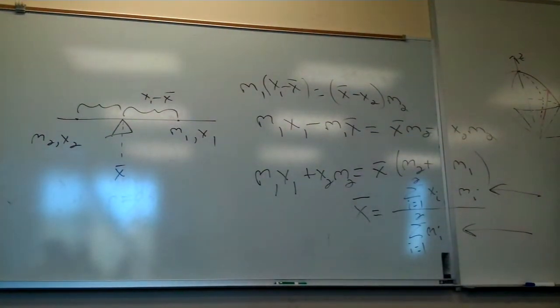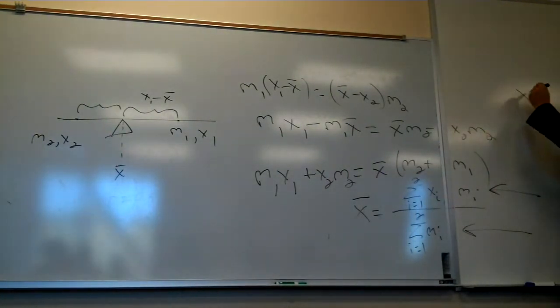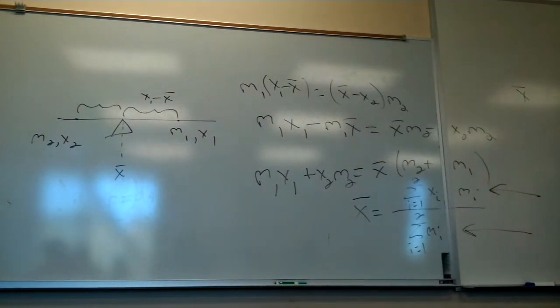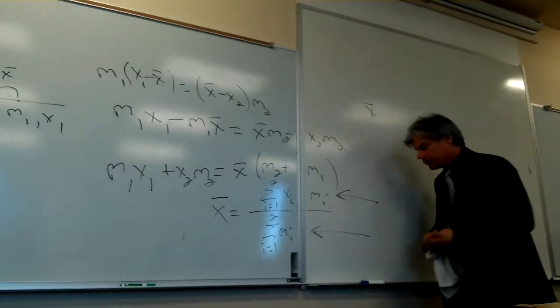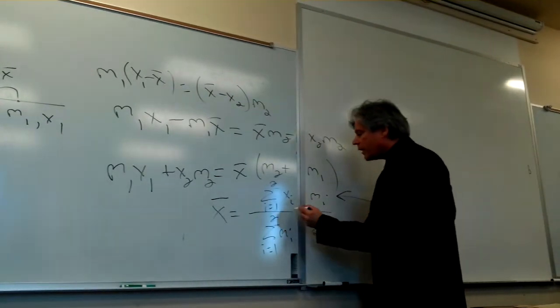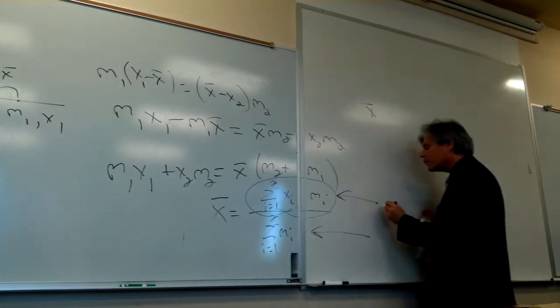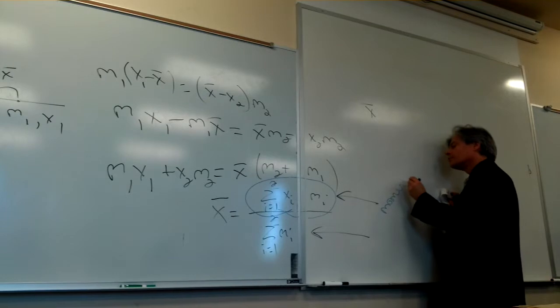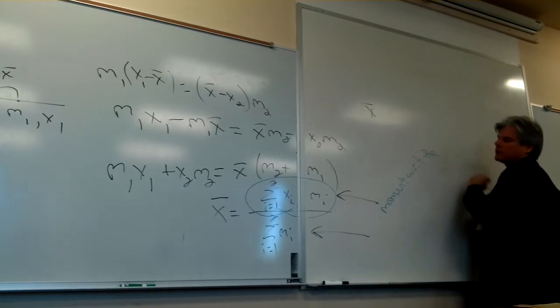It's like center of mass. Exactly. I'm just going to jump into higher dimensional space. I sometimes interpret the sum of the products of the x sub i's with the m sub i's as the moment with respect to the origin.